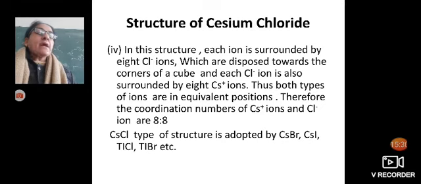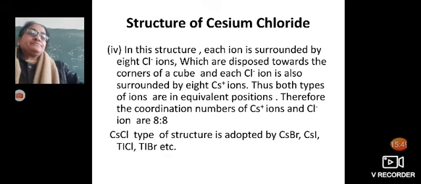Thus, both types of ions are in equivalent positions. Therefore, the coordination numbers of cesium ion and chloride ion are 8:8. Cesium chloride type structure is adopted by cesium bromide, cesium iodide, etc.